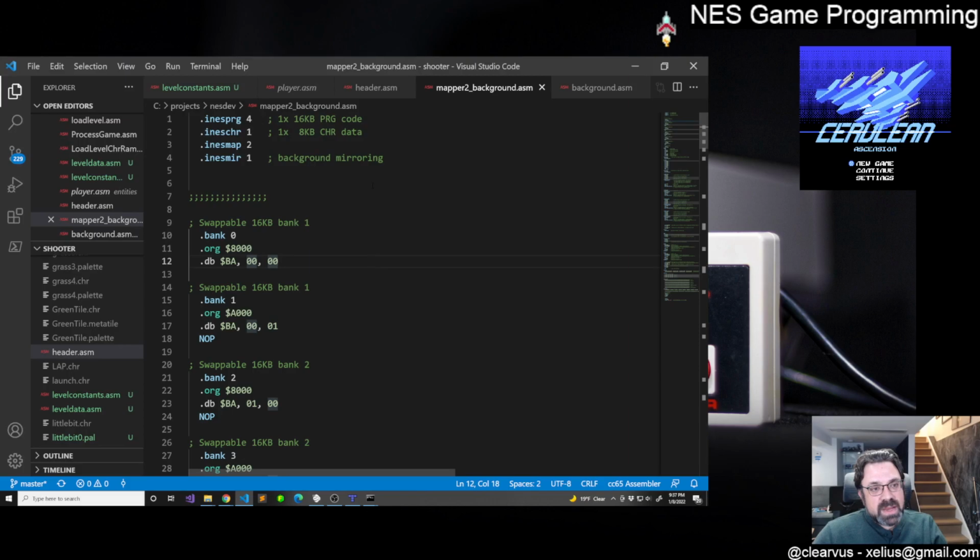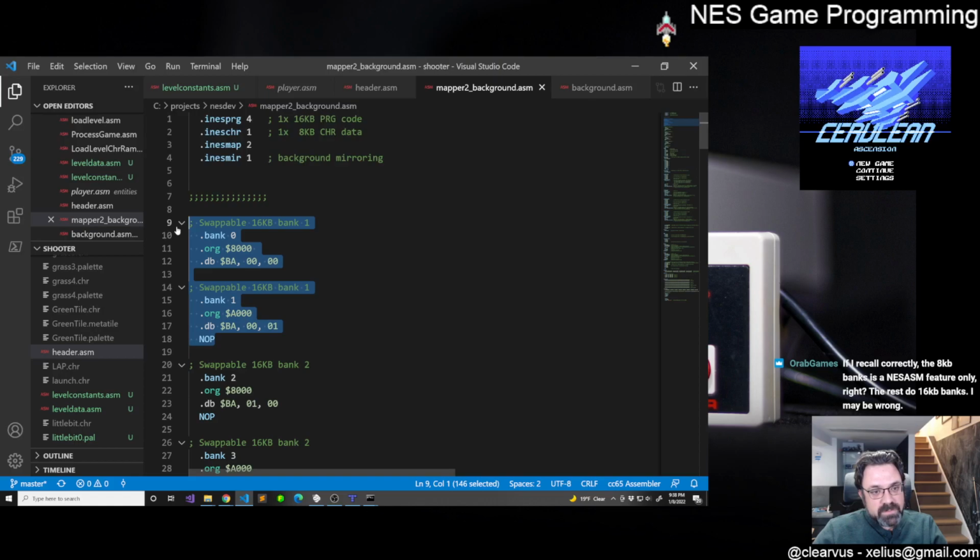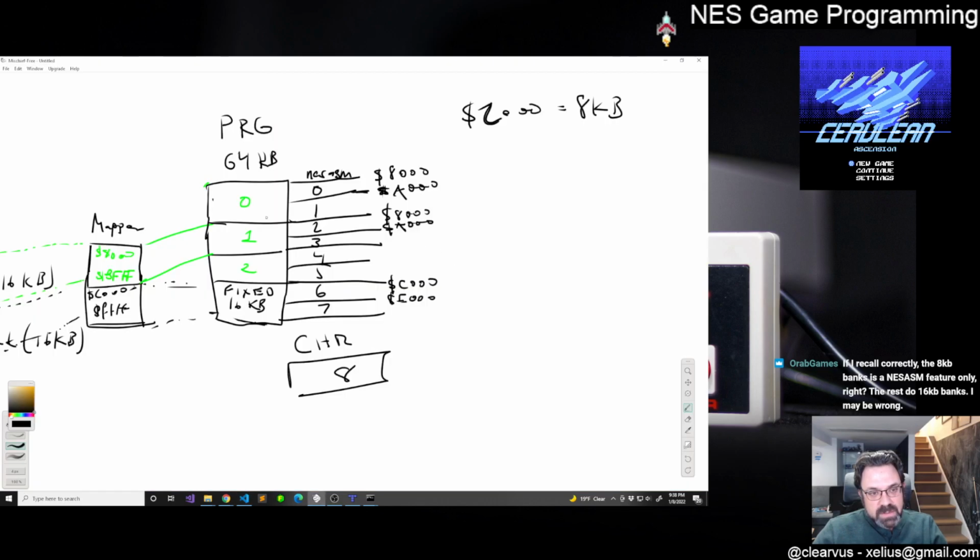So beyond just writing that you have your 4 16K blocks, the first 3 being swappable and the last one being fixed, you have bank 0, which is only 8K, and bank 1, which is another 8K. These are all part of the first bank here.